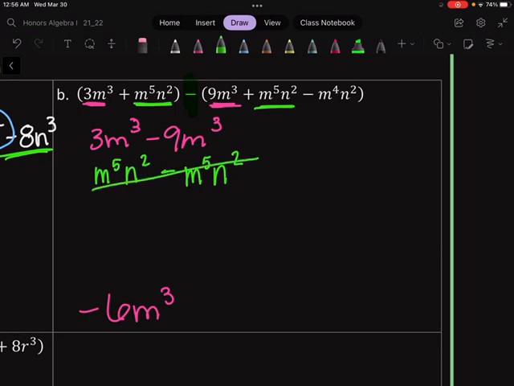So nothing there. So then finally I have this negative m to the fourth, n to the second, but this negative was out here. So that must become a negative times that negative, plus m to the fourth n squared. So technically that would have been like 0 in this first polynomial, 0 minus the negative m to the fourth n squared. Yes? All right.